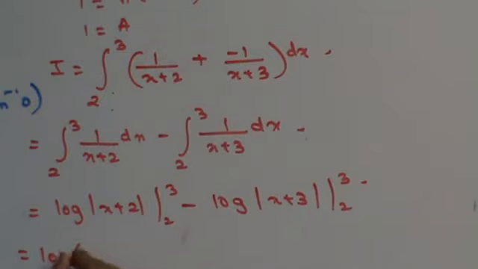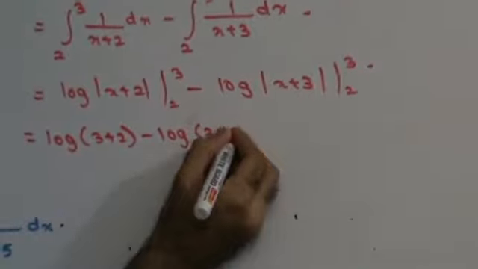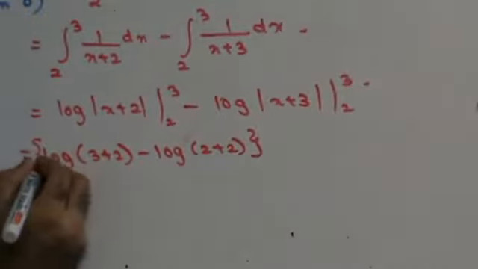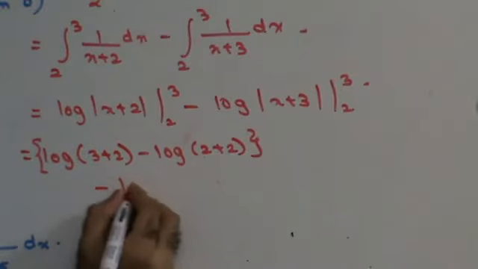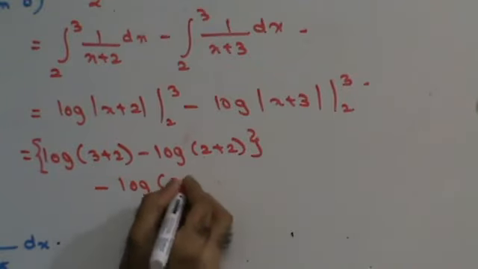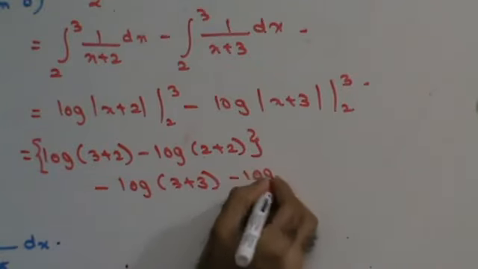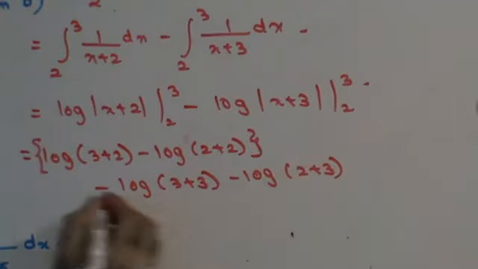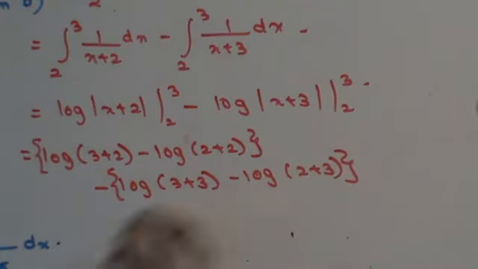So log of 3 plus 2 minus log of 2 plus 2, minus log of 3 plus 3 minus log of 2 plus 3. Upper limit minus lower limit.